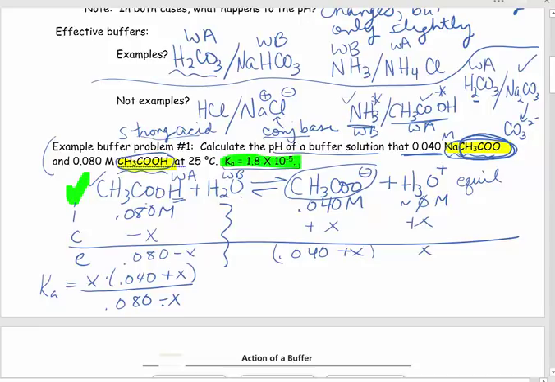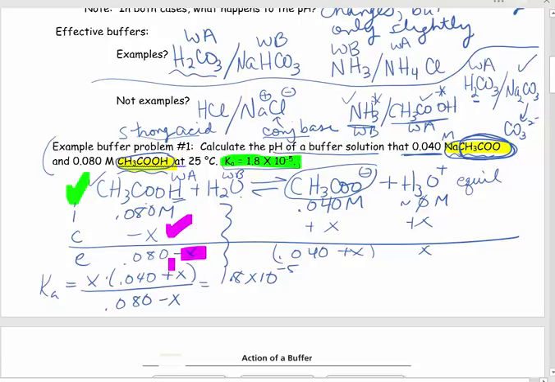Except notice that since our Ka is fairly small, since it's 10 to the minus fourth or lower, we can usually do what? That's right, neglect X.